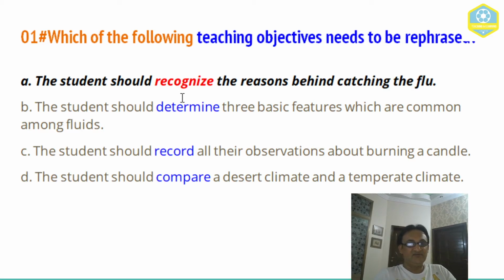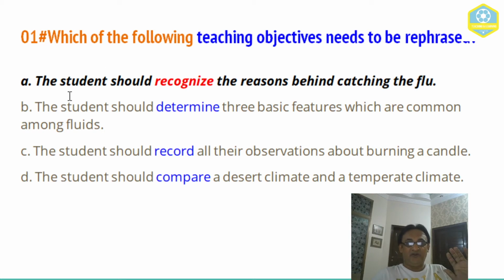Second, the student should determine the three basic features which are common among fluids. They have to do something, so this makes sense. The student should record all their observations, very clear. The student should compare a desert climate and a temperate one, very clear.